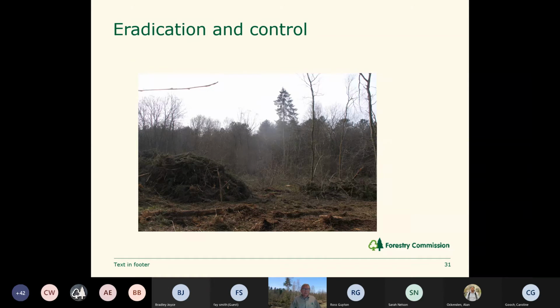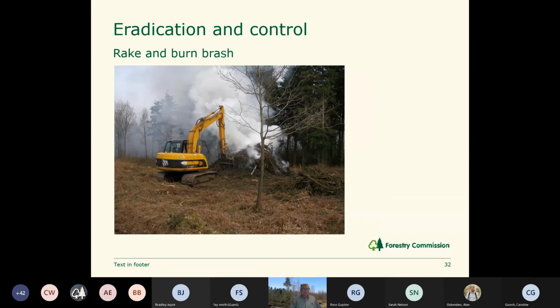It's not supported through direct funding, and it's also quite a significant impact on a site like this to have harvesters, forwarders, and a significant volume of rake and burn. So we were very pleased to receive the support of the landowner, both in practical terms and their commitment to help the eradication process.